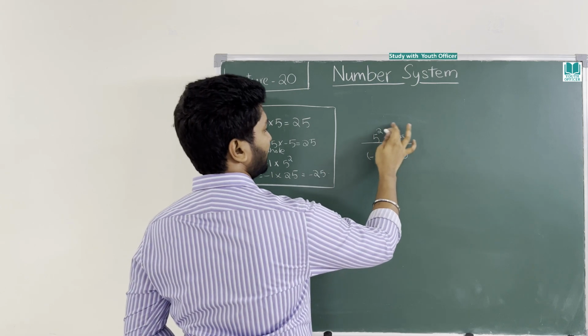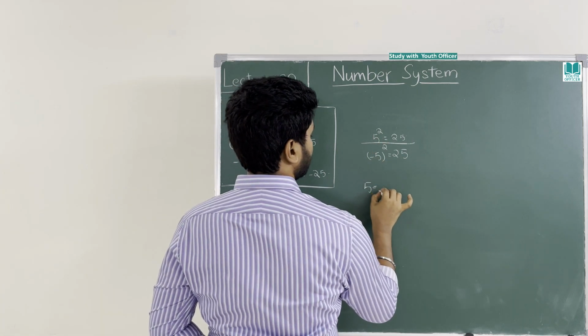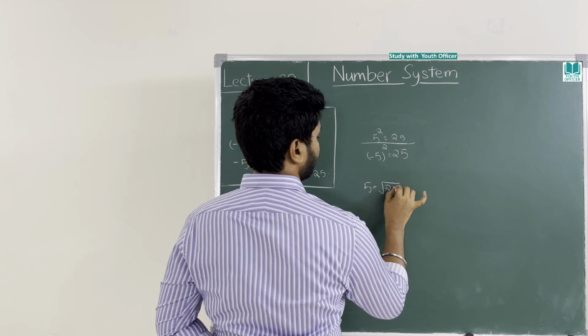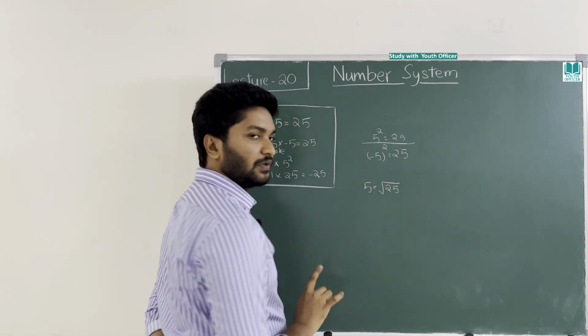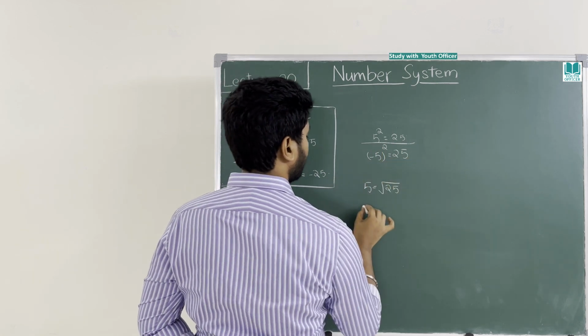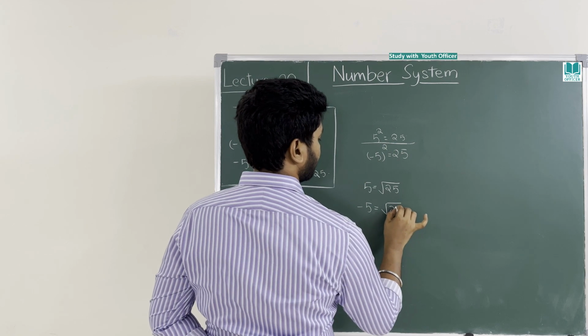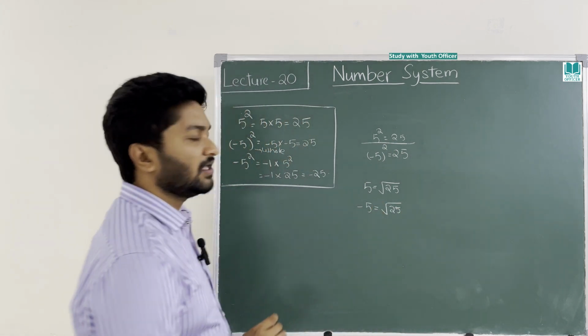If I take the square to the other side, 5 will be here, that will become 25. Square root of 25, right? If I take this square to the other side, it will become square root of 25. So far so good.